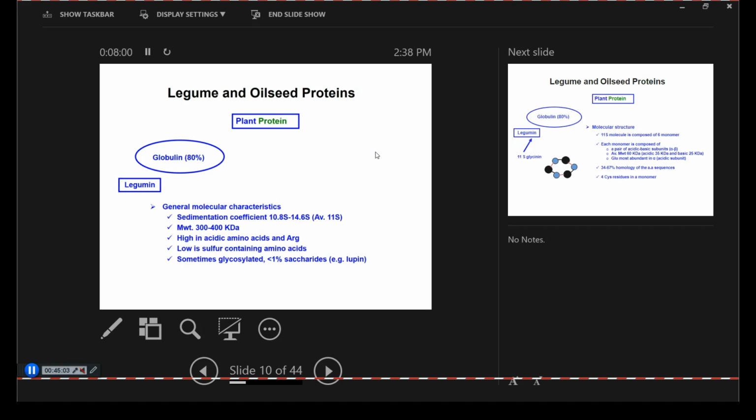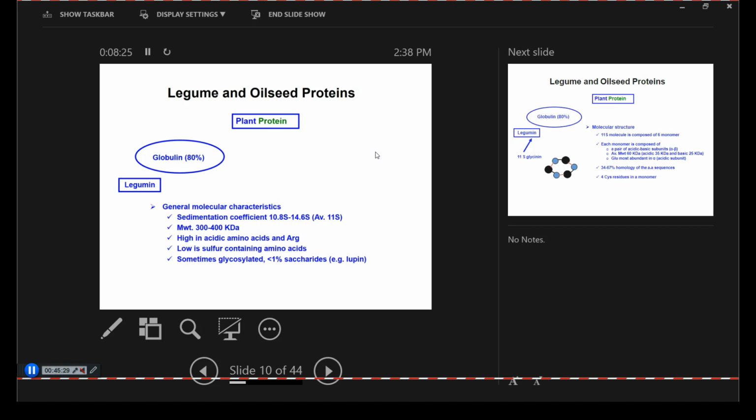Unlike whey protein, for example, that exists as a monomer or a dimer or an octamer, they have much lower molecular weight than this as a protein. We said they are high in acidic amino acids, but also they're high in arginine, which is a basic amino acid. In general, they are low in sulfur-containing amino acids.